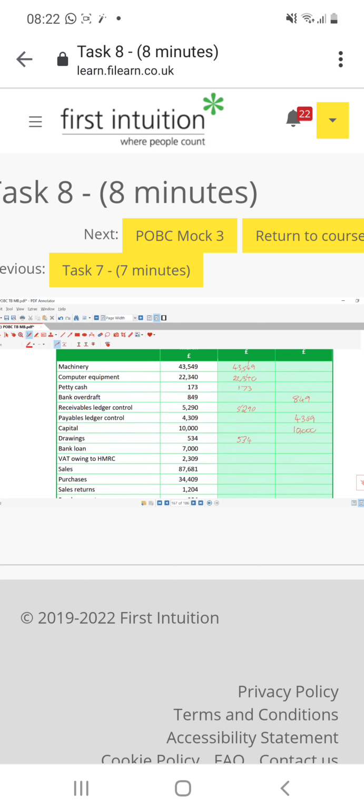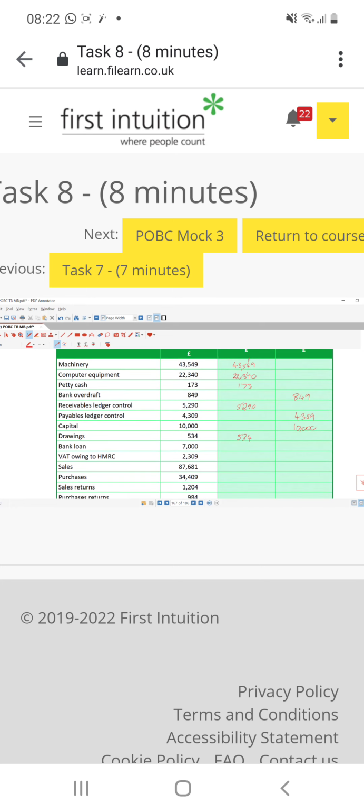We then have our bank loan of 7,000, which again, just another type of liability, so will be a credit balance. And for our VAT owing to HMRC here, be careful with that, as it's owing to them, it's a liability, and therefore this would be a credit balance. If they had said owing from HMRC, well then that's an asset, as they are due to pay us money.